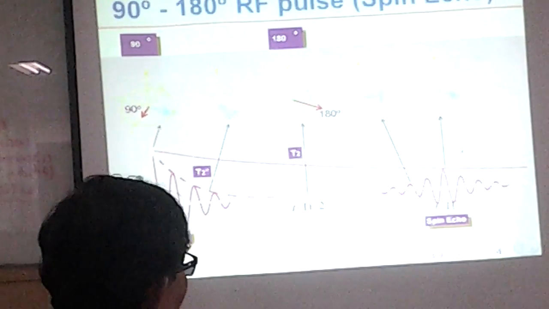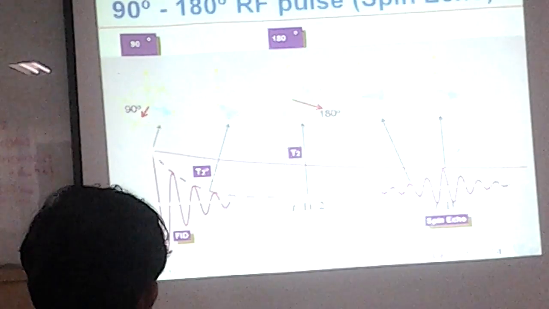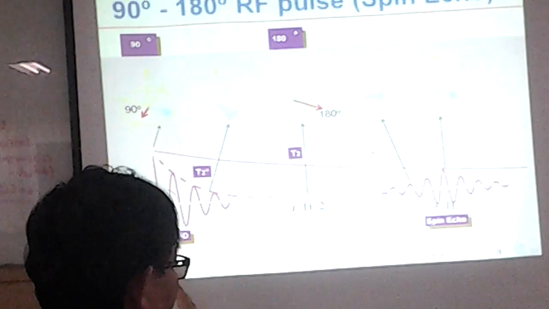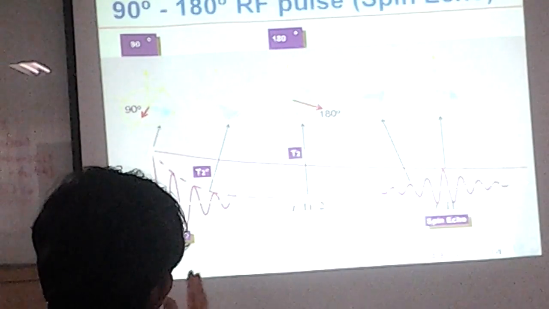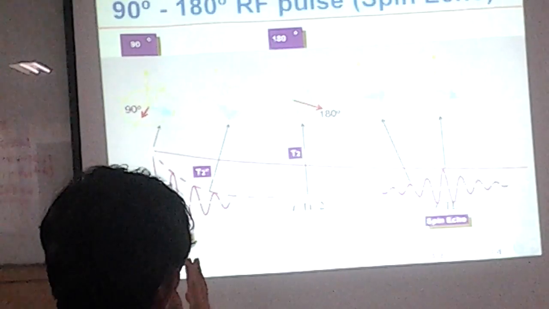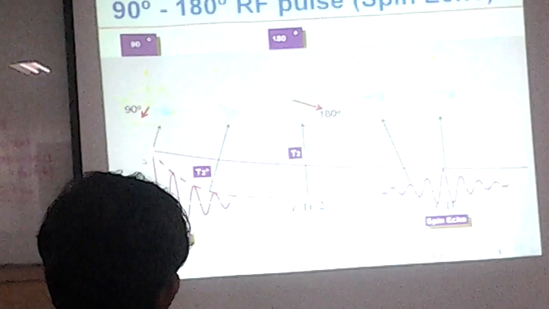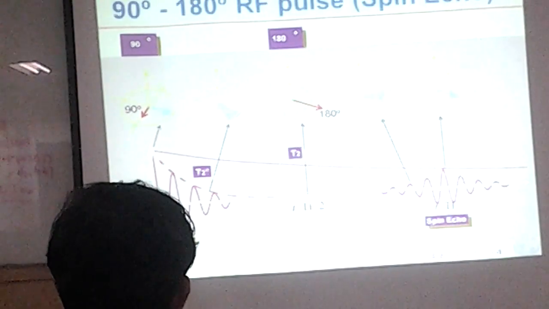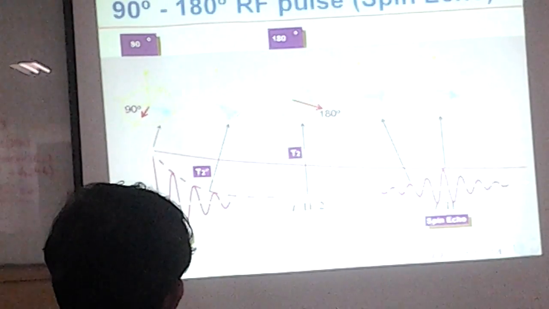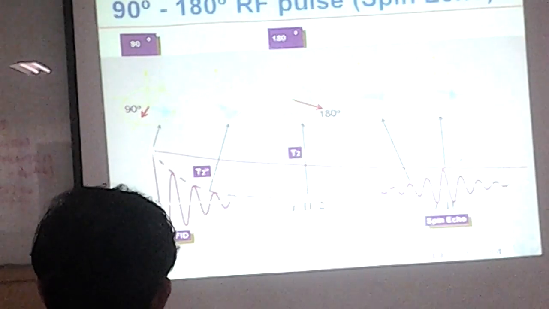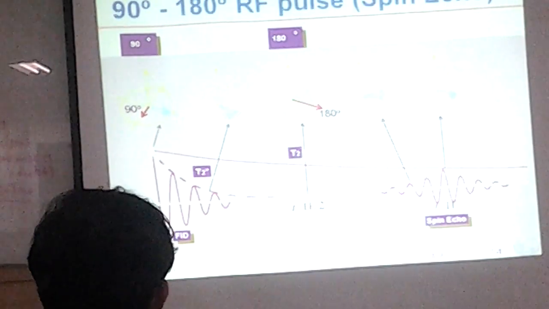I will explain about that. For that case, we have to understand the repetition of this pulse sequence and the repetition time. When the repetition time is short, there are some complexities that generate several signals. So I will explain about that later.